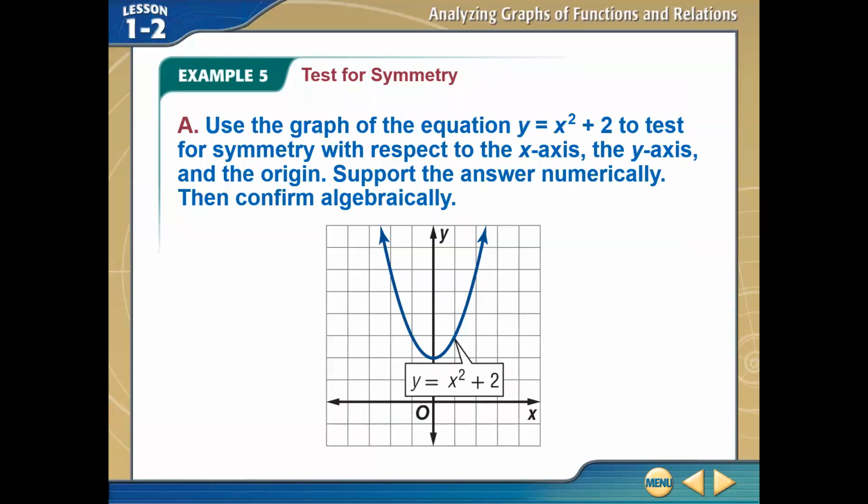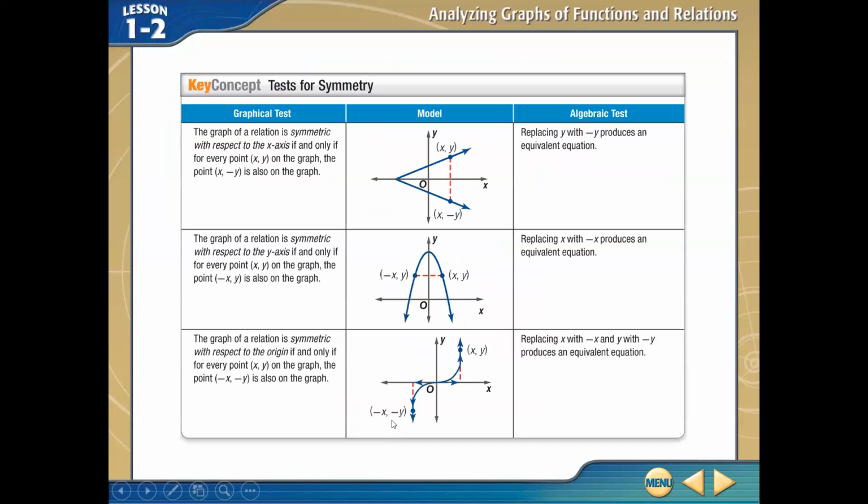This one is not going to have x-axis symmetry or origin symmetry because we never go beneath the x-axis. One of the requirements for symmetry about the origin is that we have to have a negative y value. For symmetry about the x-axis, we also have to end up with a negative y value.